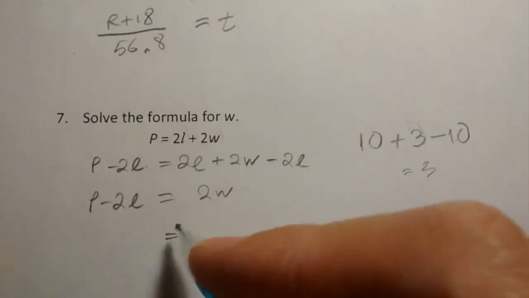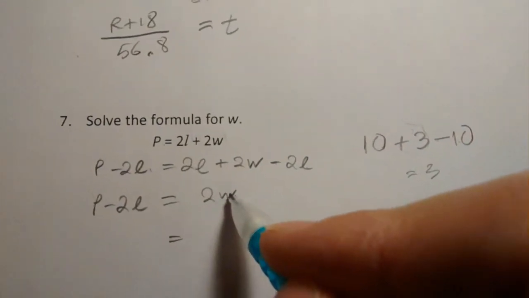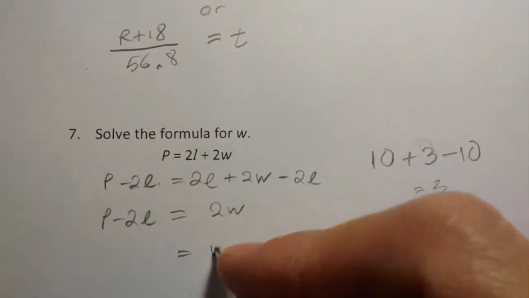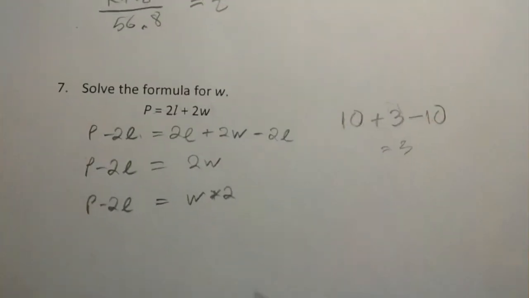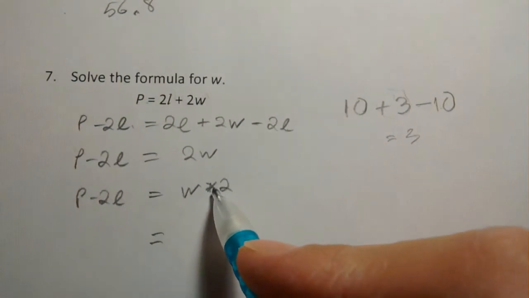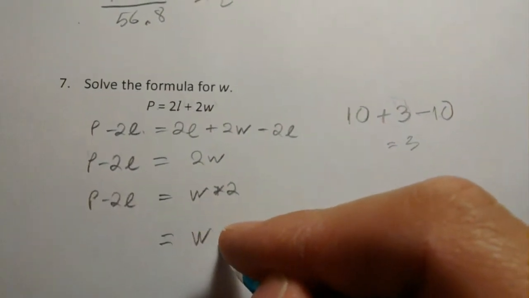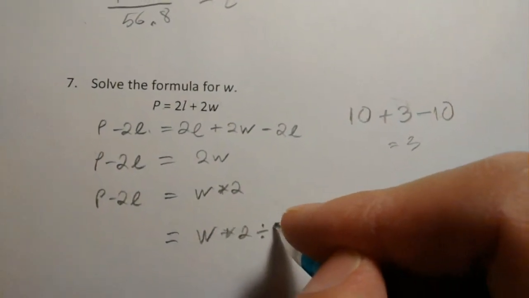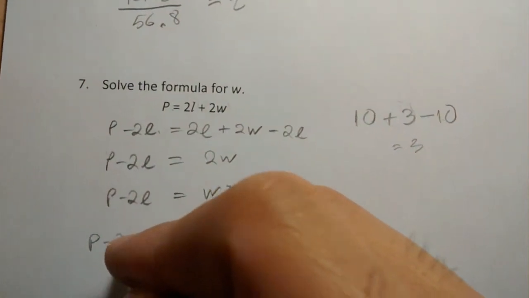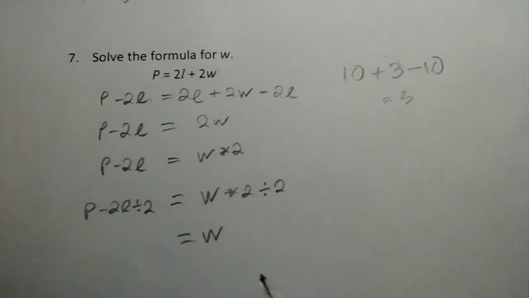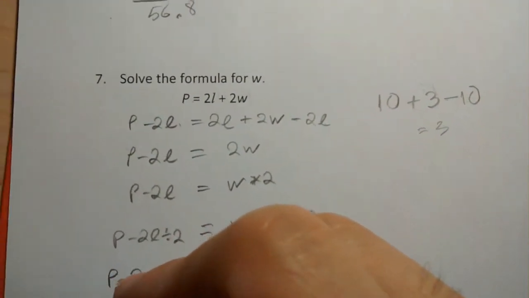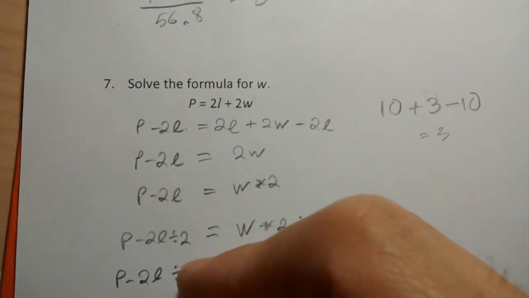And so hopefully you're thinking, okay, I have to undo this multiplying here, which can be written this way. And to undo that multiplying by 2, we simply divide by 2. So I get W equals P minus 2L, all of that divided by 2.